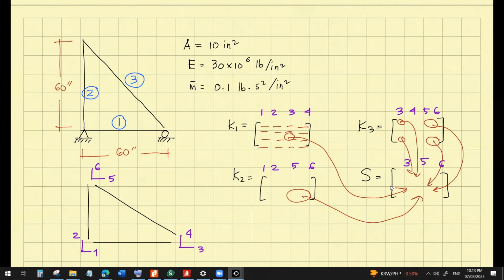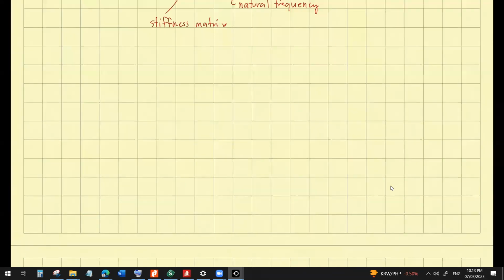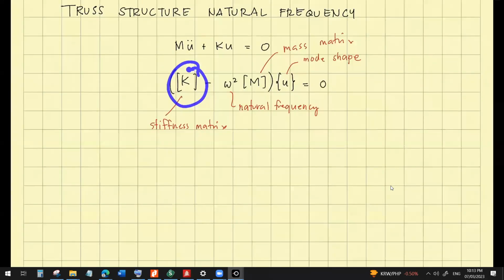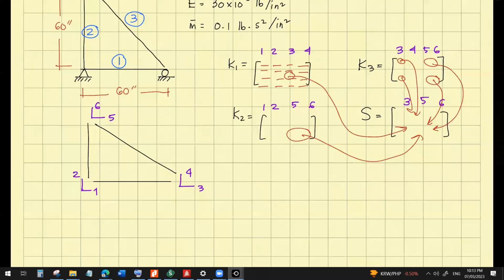Okay, so after that, you can now get this K matrix. That's the stiffness matrix, or the S matrix, of our truss structure. So next is the mass matrix. Same logic, however, I need to show you the stiffness matrix and the mass matrix.